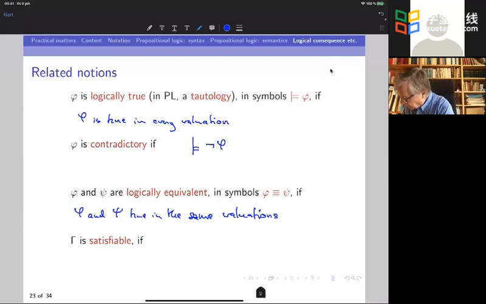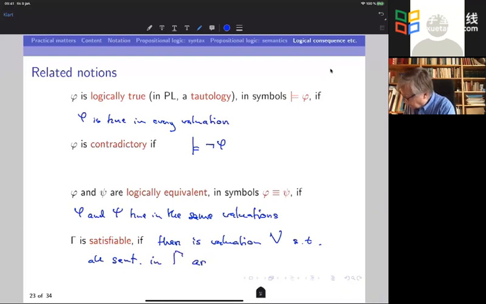So if there is a valuation V such that all sentences in gamma are true in V. That's actually an important notion.